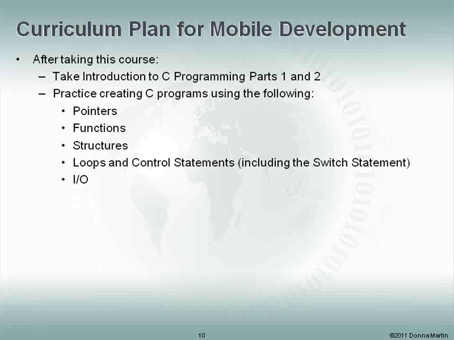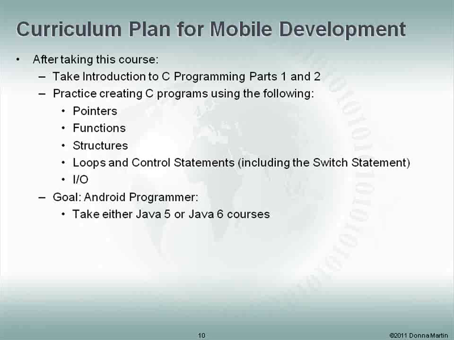Now, your goal as an Android programmer, if that's the path that you're taking, is to take the Java 5 or 6 courses, make sure you practice converting the C programs that you learned into Java, and that you're comfortable with the Java language and the Java exercises that were in whichever set of courses you took.